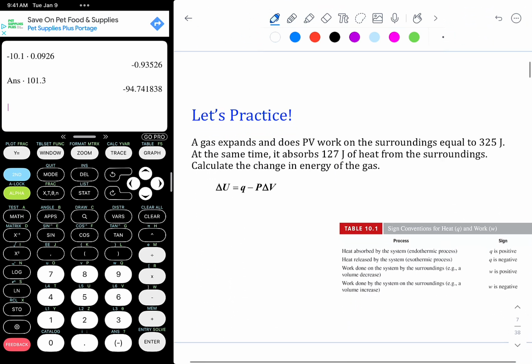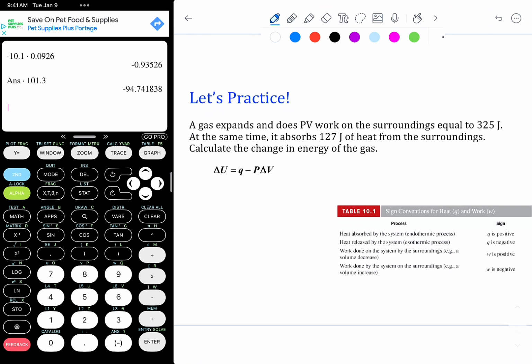So let's practice using this equation here. A gas expands and does PV work on the surroundings equal to 325 joules. At the same time, it absorbs 127 joules worth of heat from the surroundings.